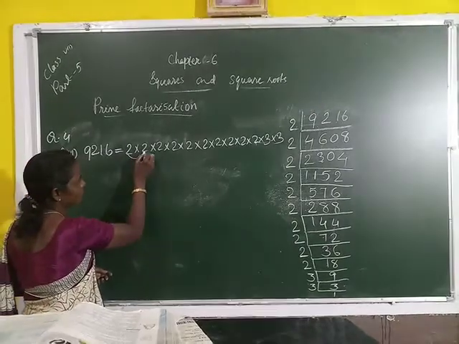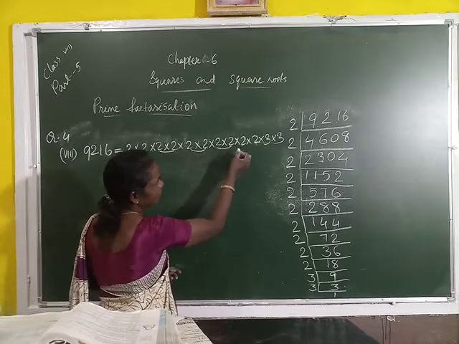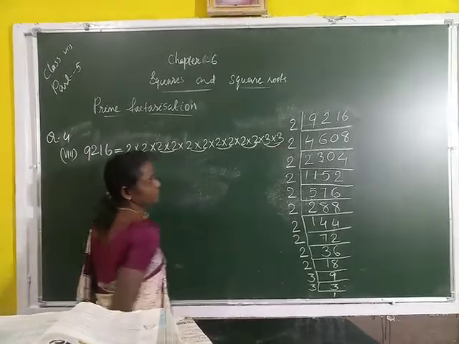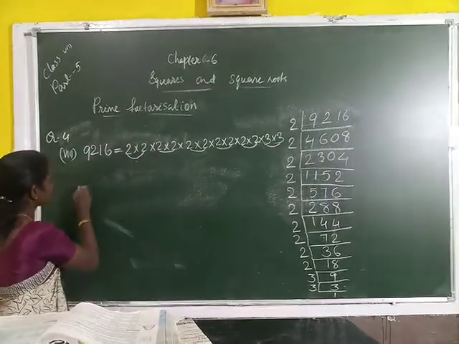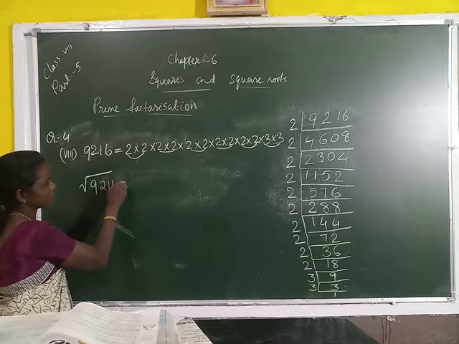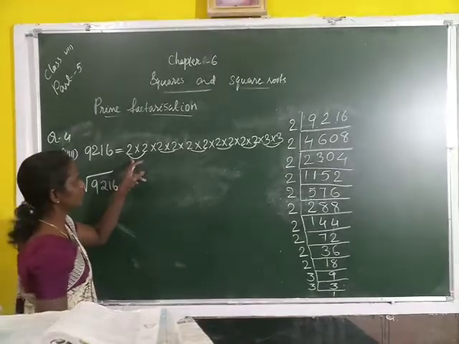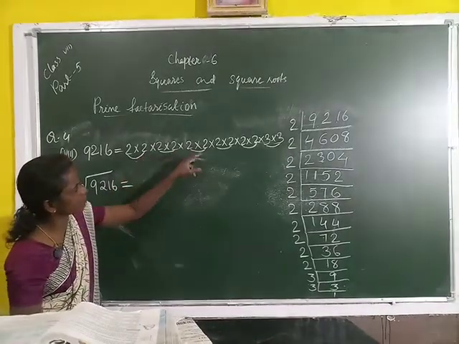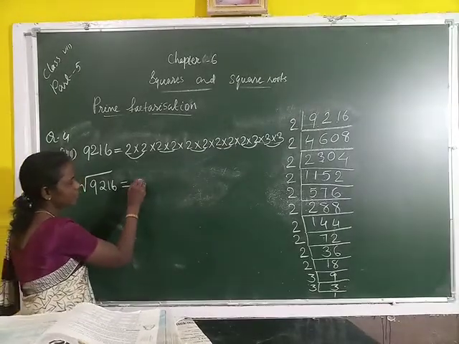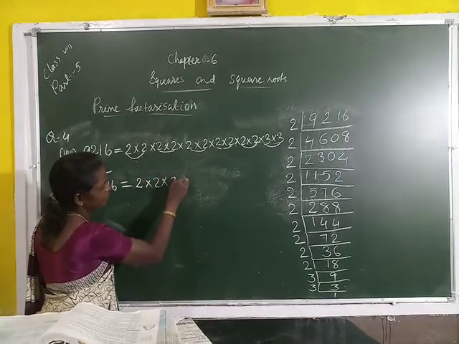This is 1, 2, 3, 4, 5, and the next pair of 3. Then the root of 9216 is equal to, in each pair we take 1 factor. So in total how many pairs do we have here? 1, 2, 3, 4, 5. And from these 5 pairs we take 5 twos.